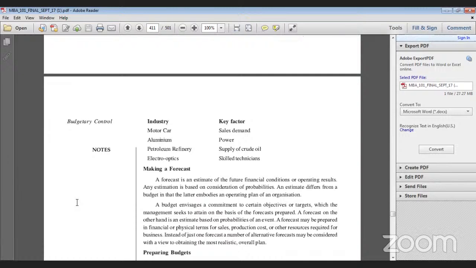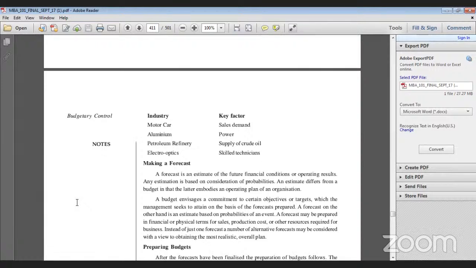They have given different industries and the key factors below. Motor car, the selling of demand. Aluminium is power. Petroleum is supply of crude oil. And electronics is skilled techniques. So these are the related key factors.